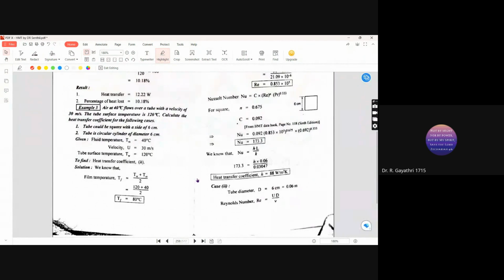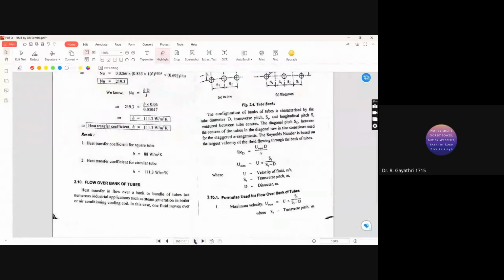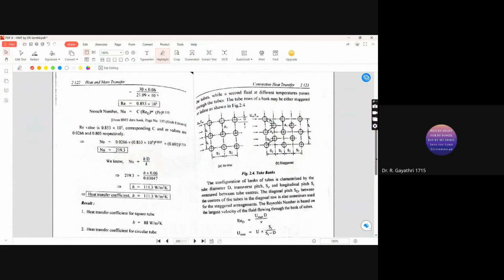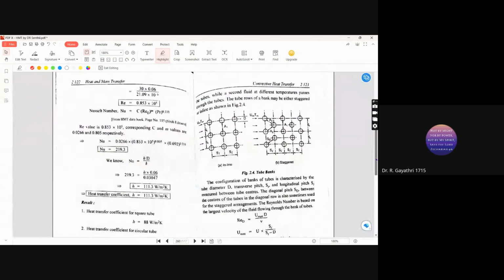The Reynolds number formula is Ud by nu. The Nusselt number equation is C, Reynolds number power m, Prandtl number power 0.333. For this Reynolds number value, the C and m values can be obtained from the data book. So the Nusselt number value is 219.3. We can equate this value to hd by k; except h, other values are known. So we can fix the heat transfer coefficient h for the circular tube.